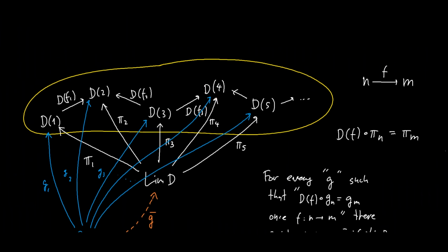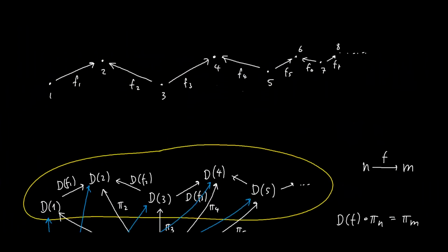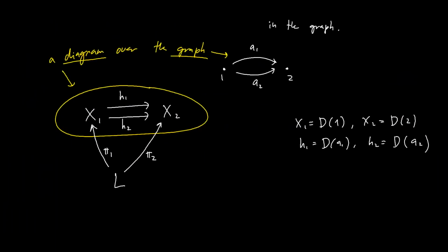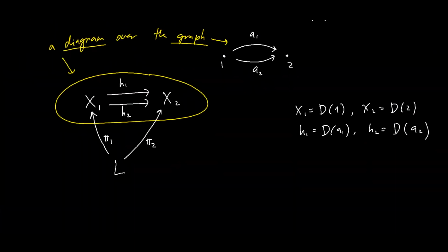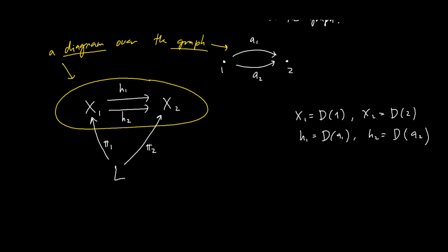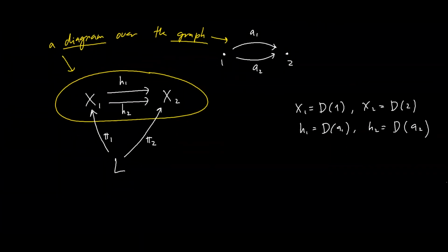And I wanted the corresponding triangle to commute for every single choice of arrow here. I have two such arrows in my graph, A1 and A2, so I would have two triangles, this one and that one, and I want them to commute.